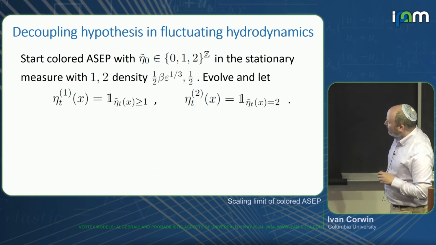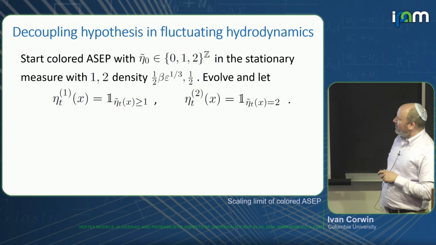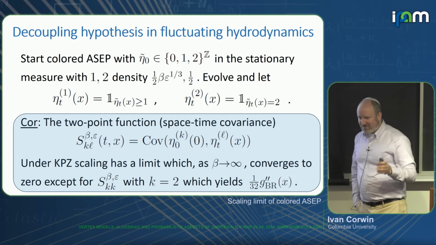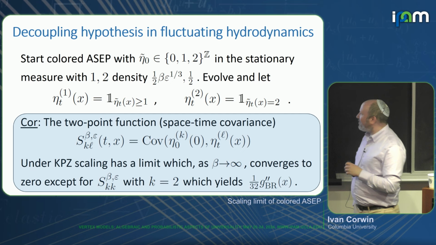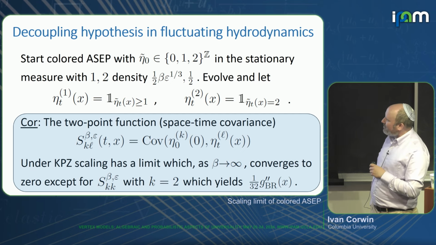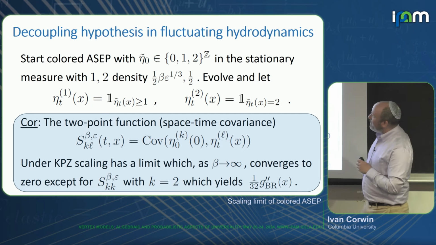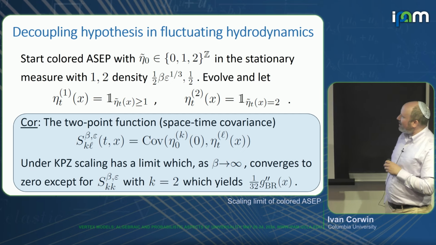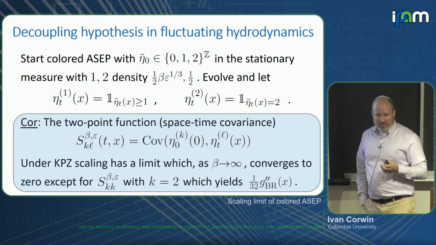Okay, I'll give you one more result, and then I'm going to reset and talk about the proof. And this is maybe for Tomohiro and Jan. Herbert Spohn asked us a question after we first posted the paper, which is whether we could use it to verify what's called the decoupling hypothesis in fluctuating hydrodynamics for this model of colored ASEP. And the answer is yes.